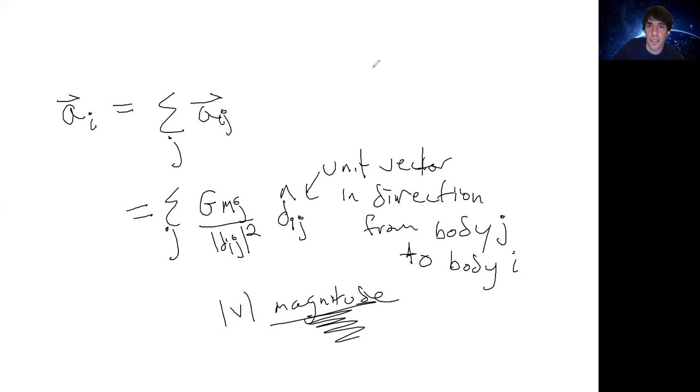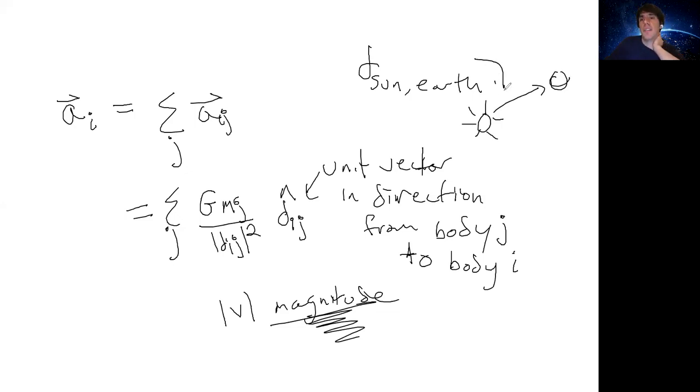Because like, for example, d sun-earth is supposed to be the acceleration on the sun due to the earth, and so you want that to be pointing from the earth, right? On the sun due to the earth, you want that to be pointing from the sun to the earth in that direction. Okay, I think I got that right. If not, it's the reverse of what I just said.